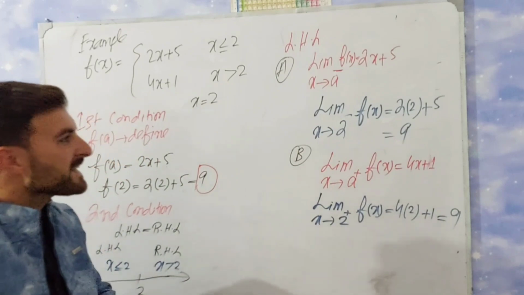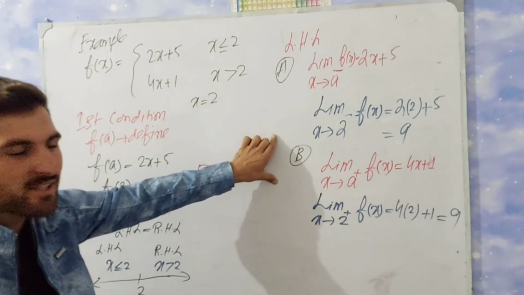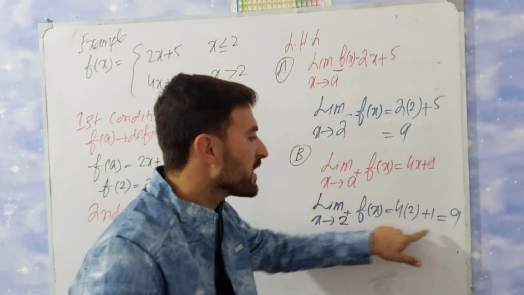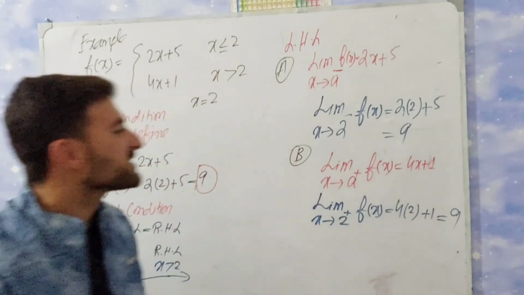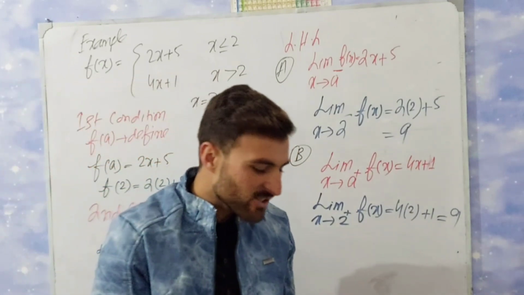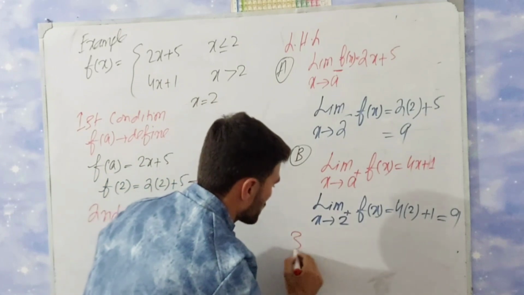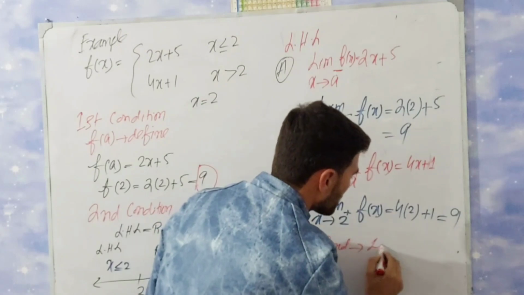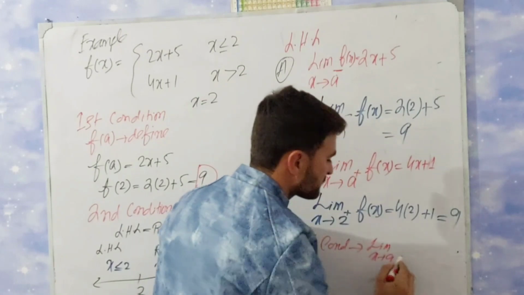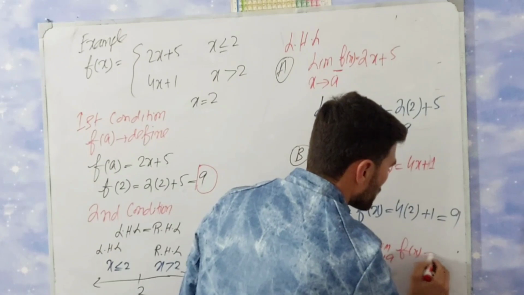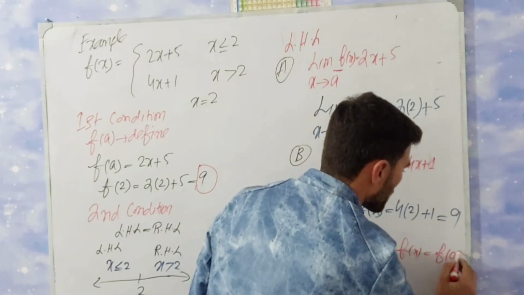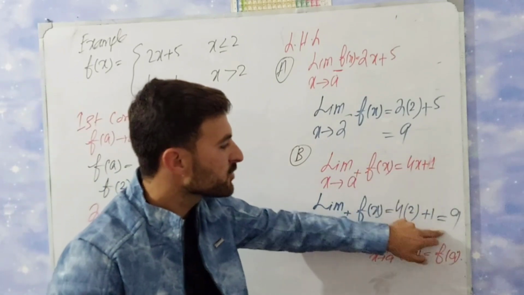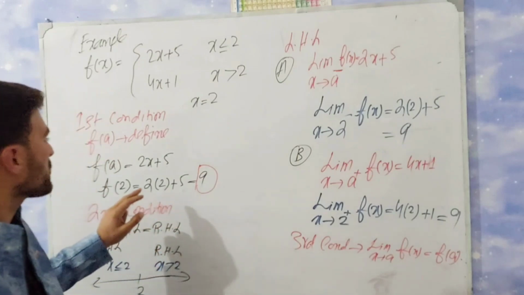So the second condition is also satisfied, because the left hand limit value is 9 and the right hand limit value is also 9. Now the last, or third, condition is that the limit x tends to a of f of x should be equal to f of a. That means the value we got here should be equal to the value we got here.